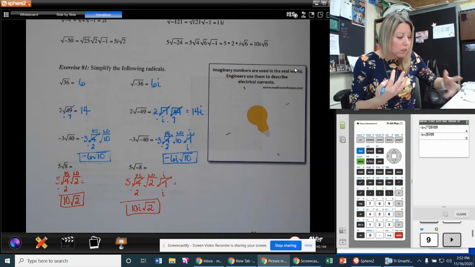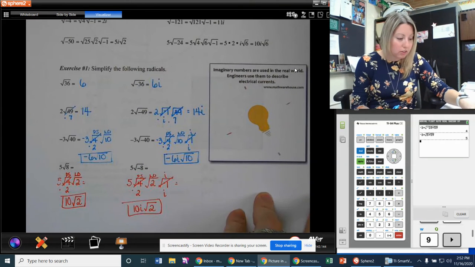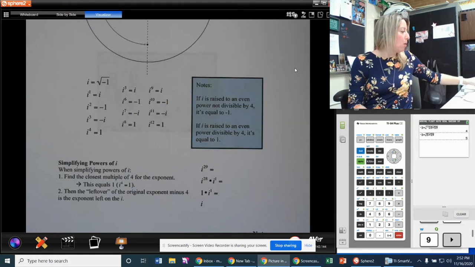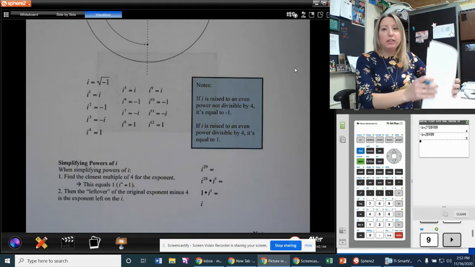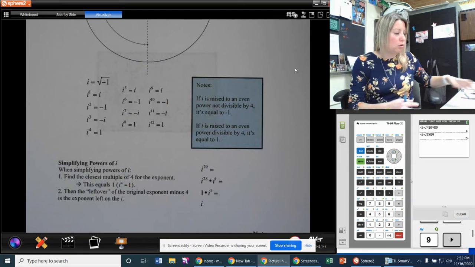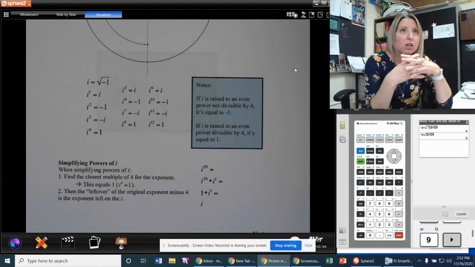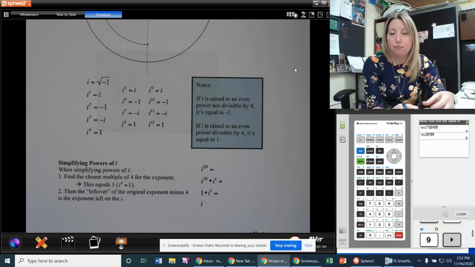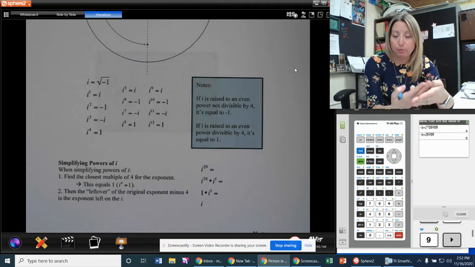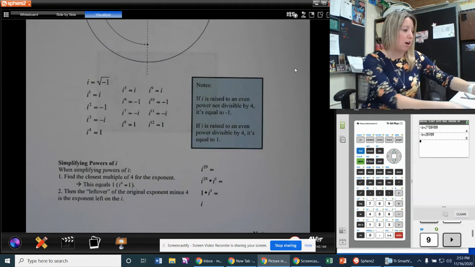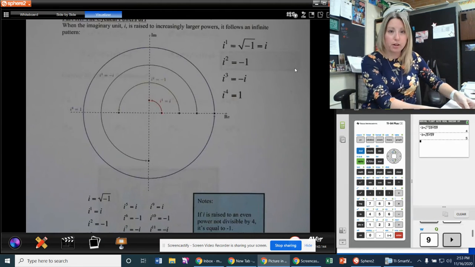So now we need to discuss with I something called the cyclical powers of I. We can simplify I raised to certain powers, knowing that there are only 4 options of answers of I raised to a power. And those options are all right up here.